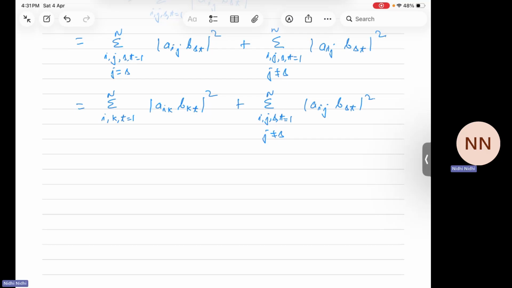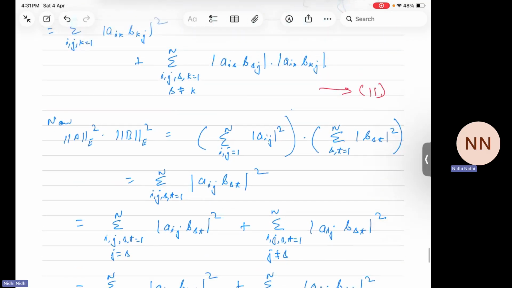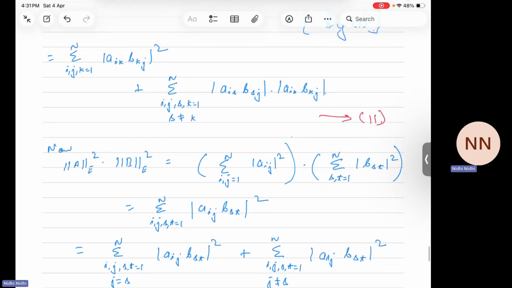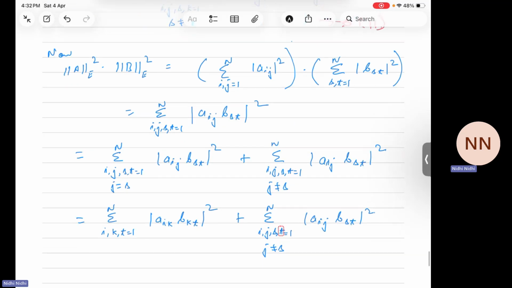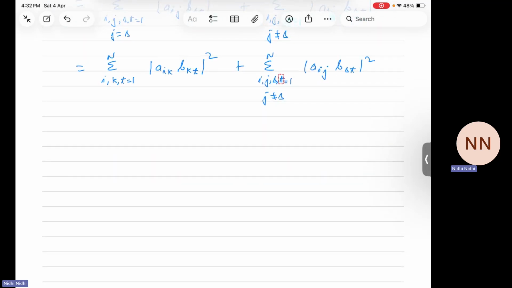Okay, and also in the first term, just for notational similarity, because we want to use equation 1, the common term here was k, in ik kj. Just to make it similar, t is just a variable, so we can replace this t variable by j. So this will be equal to summation ijk from 1 to n, aik bkj square.